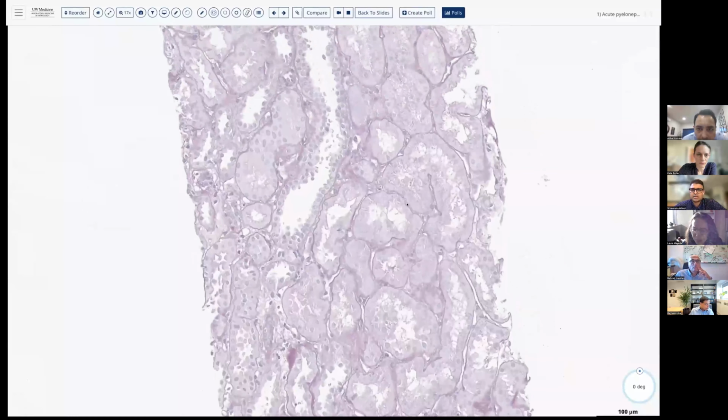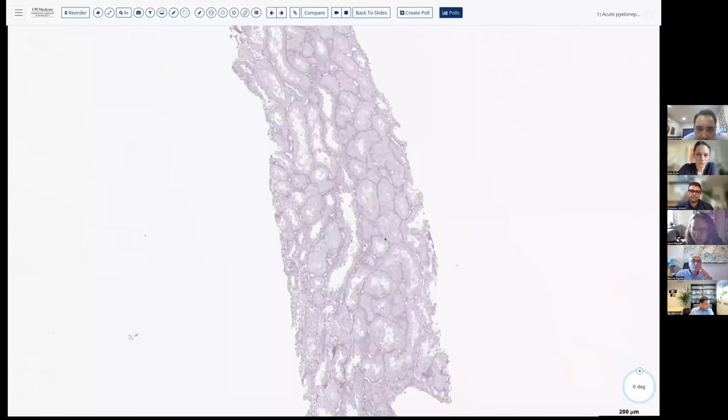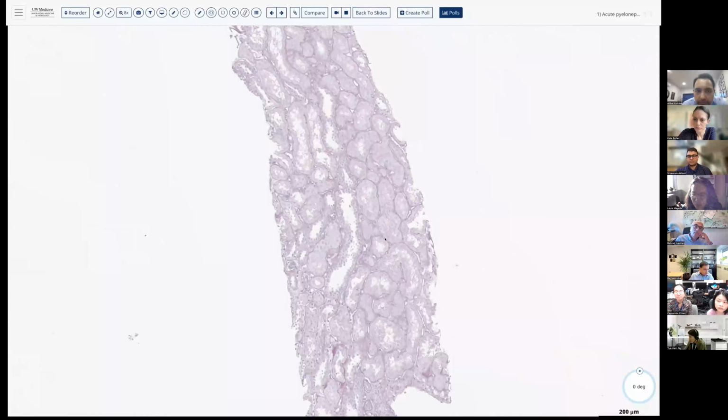So here, in the context of a transplant, and as was raised by Dr. Coralla and I think even Dr. Blosser, rejection is always in play in the differential diagnosis.